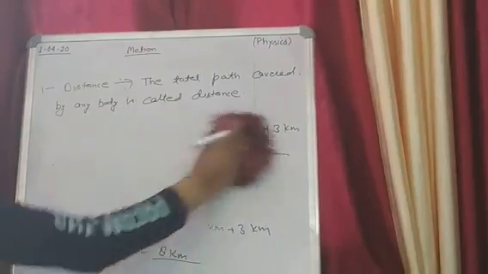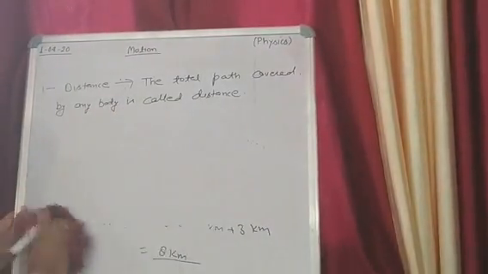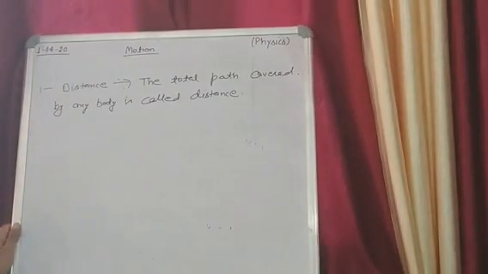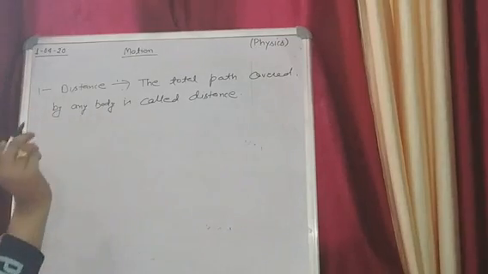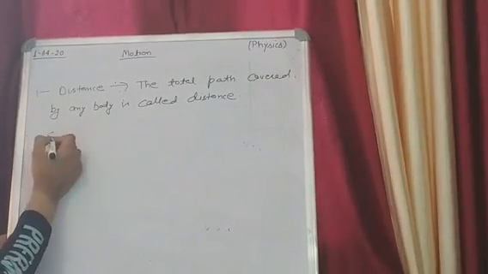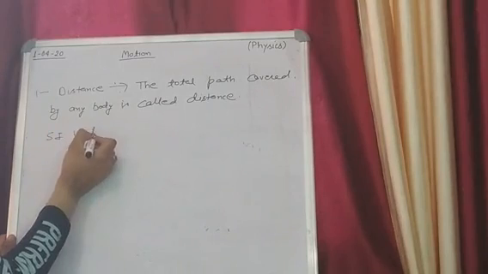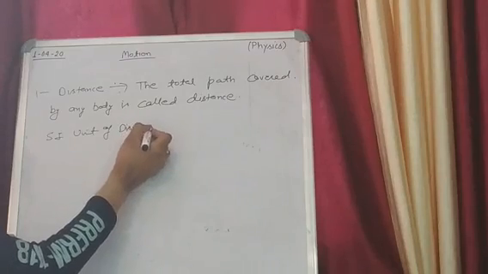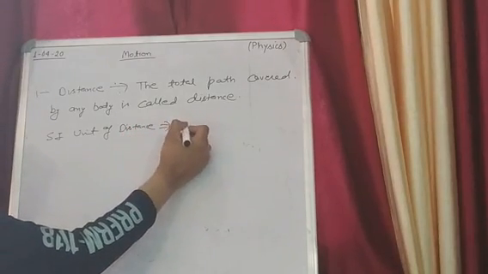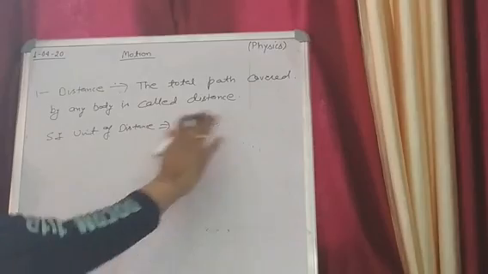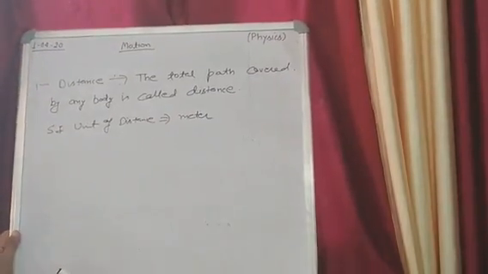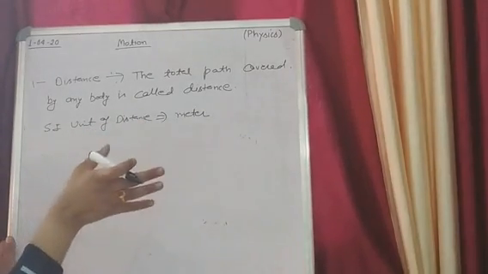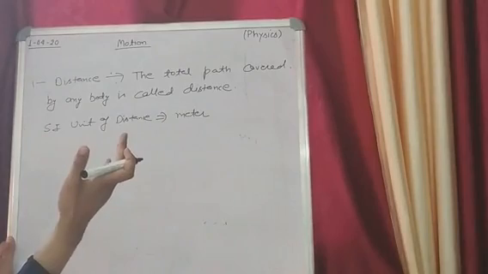Now, there is a unit of distance also. I know that all of you know what the SI unit of distance is. What is the SI unit of distance? That is meter. The SI unit of distance is meter. Got it? Okay. You should remember this thing. Some other units are also there.